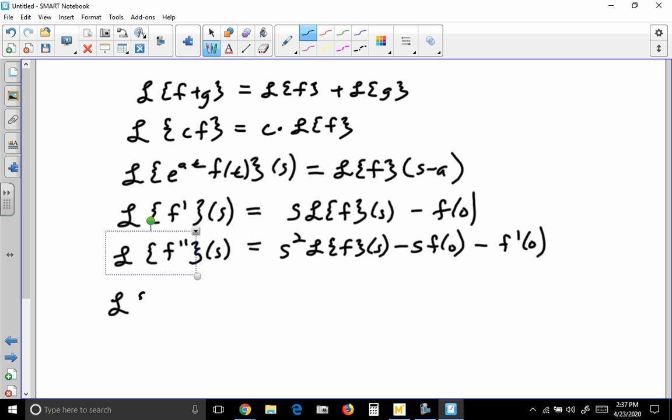So generically, it's what we did a moment ago. For any power, we would do s to the n times the transform of the base function.